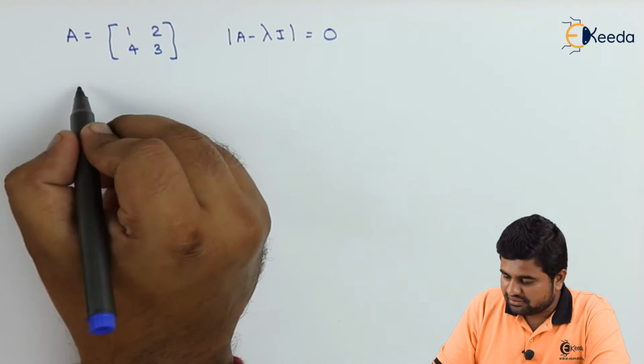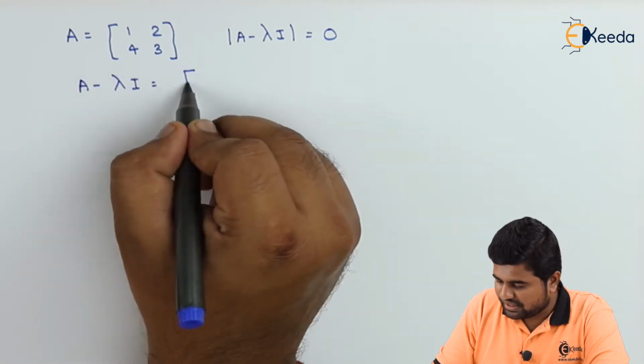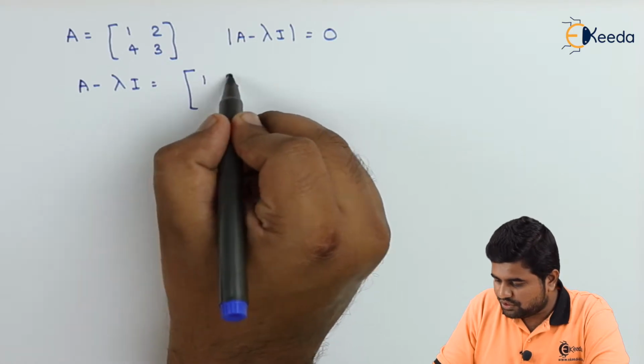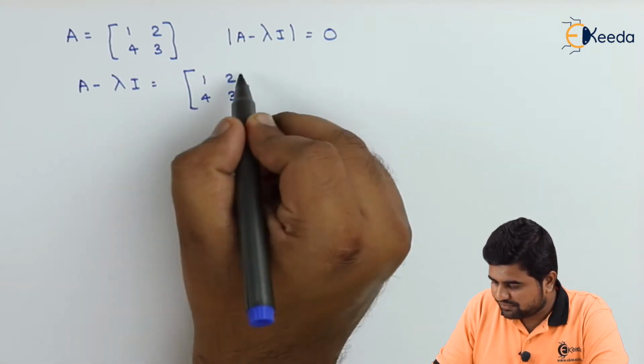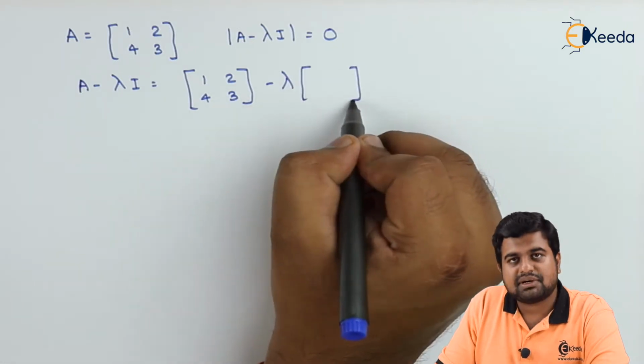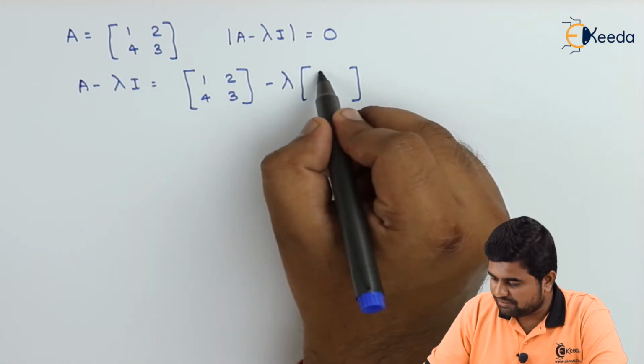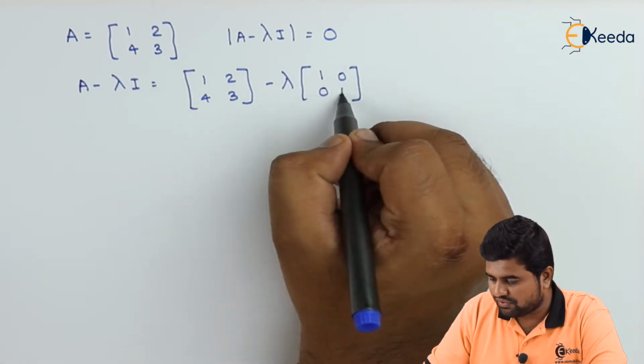Therefore, let us calculate A minus lambda I first. A is 1, 2, 3, 4 minus lambda into I, where I is the unit matrix of the same order, 2 by 2, so the unit matrix is 1, 0, 0, 1.